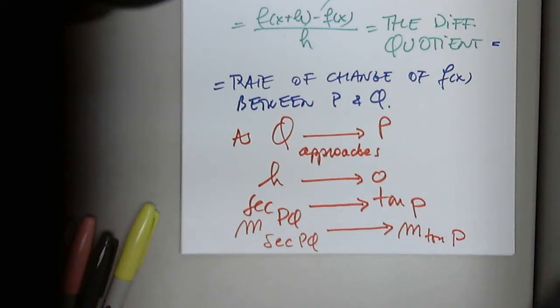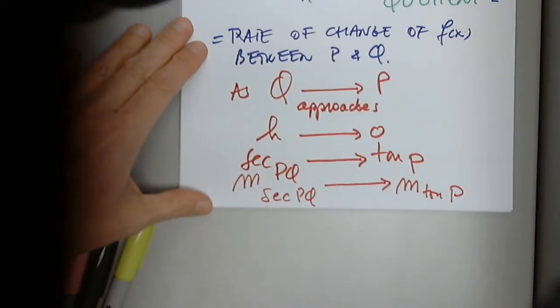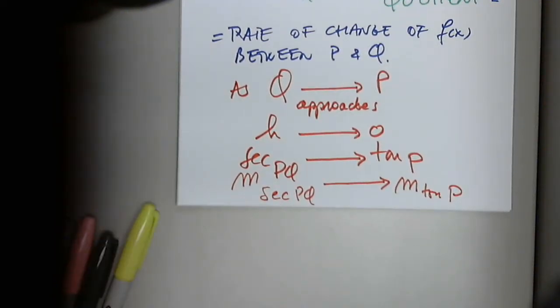The secant line gets closer and closer to becoming the tangent, and the slope of the secant line will be closer and closer to the slope of the tangent line at P. These all happen because I'm moving Q closer and closer to P by making h closer and closer to 0.